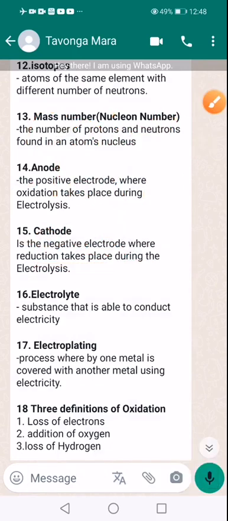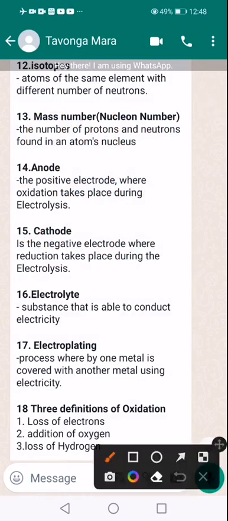So what happens at the anode? Let me explain, for example, the electrolysis of water. When the electricity started to flow into the solution, I explained this in a video, you can check it on YouTube. I explained the electrolysis of water.